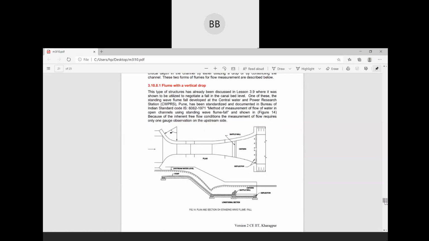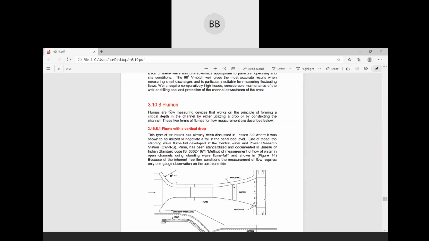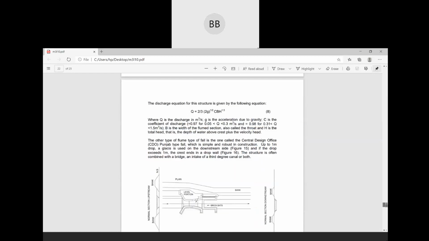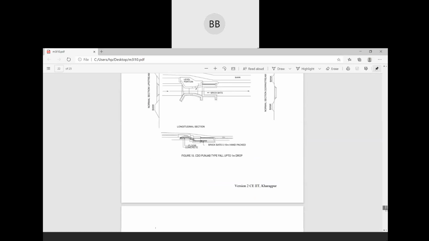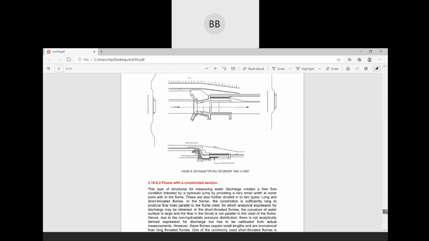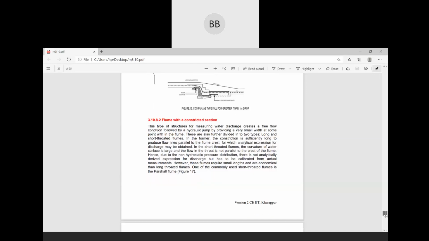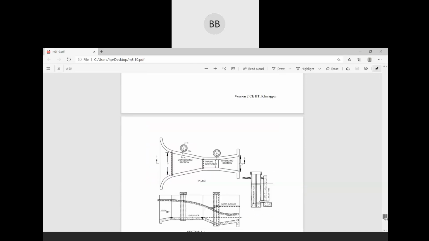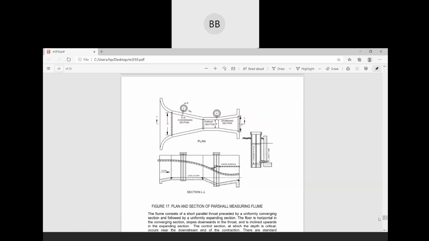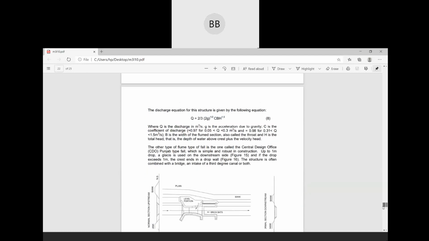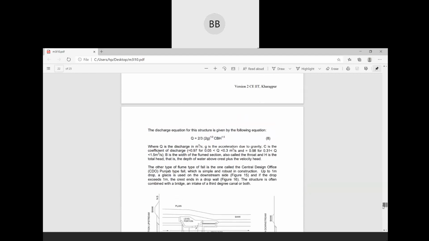And to measure discharge, we have another structure called flumes. Flumes are basically used to measure discharge in an open channel. Suppose in a laboratory you have an artificial channel, or maybe you have a canal where you want to measure the discharge. In that case, we can also use the flume structure.